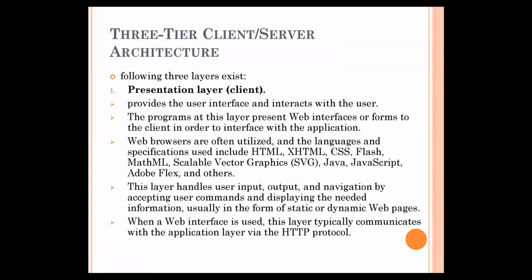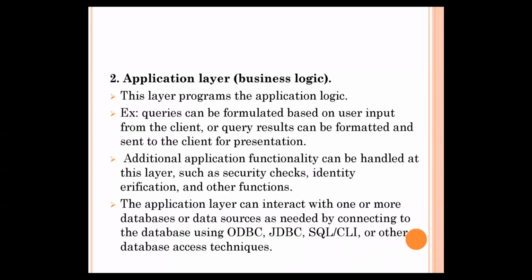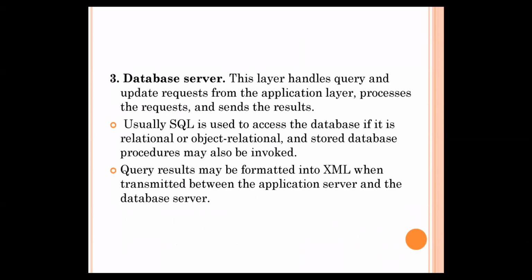That is the processing layer. And once the processing is over, the data will be updated through the network or through the internet in the backend server, the database in the database server.